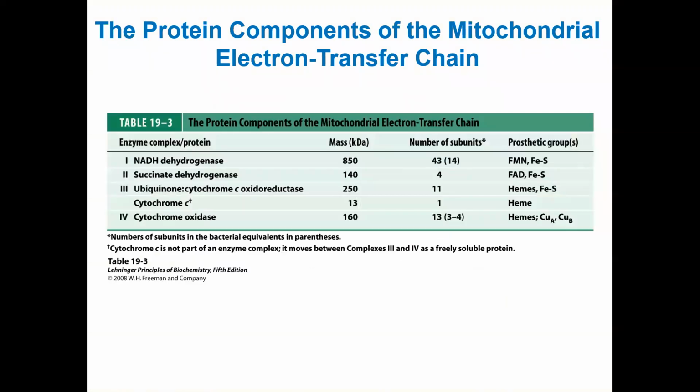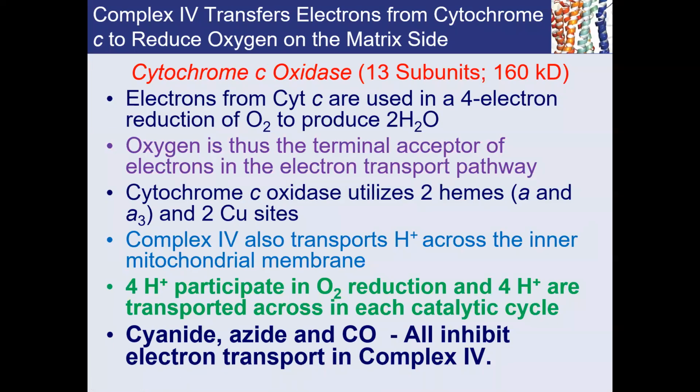All right. That brings me to complex 4, which is cytochrome oxidase. Cytochrome oxidase has 13 subunits, and it has hemes and 2 copper centers as the prosthetic groups. But let's look at a little more detail of complex 4. Remember what I just told you.